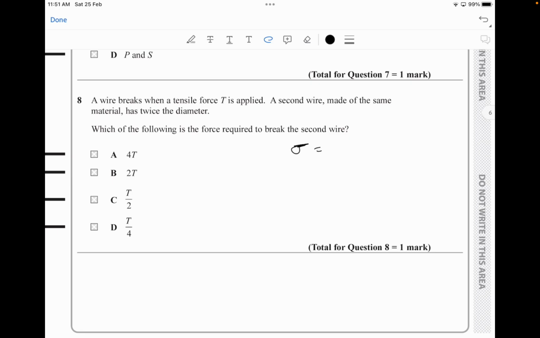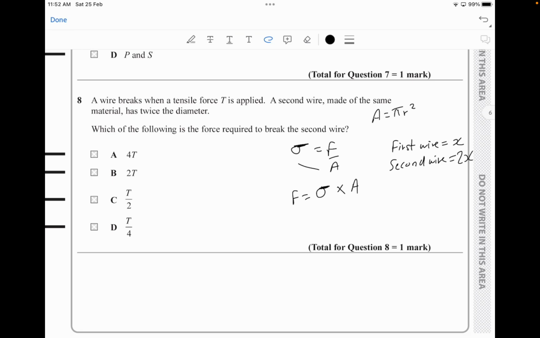So we know that the stress equation is force divided by area, and we know that the force is equivalent to the tensile stress times the area. Now the area in this case is going to be pi r squared, and the first wire would have a diameter x, and the second wire, which has twice the diameter, would have the diameter 2x.